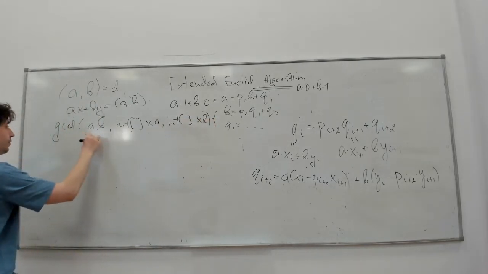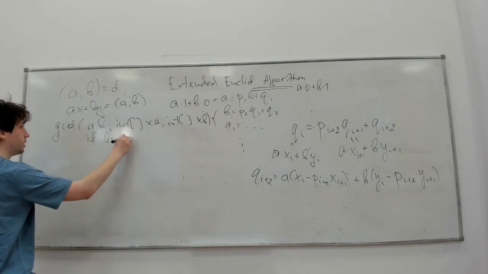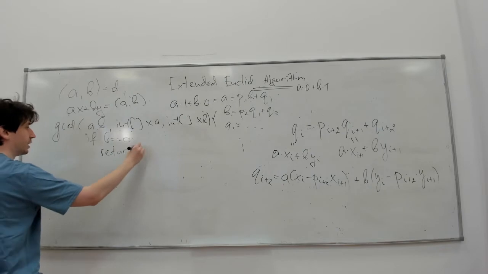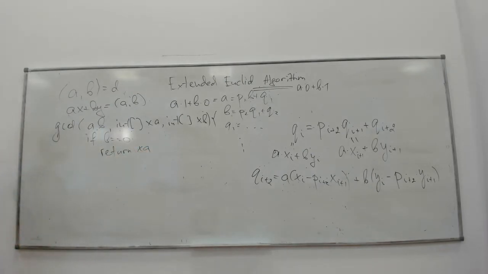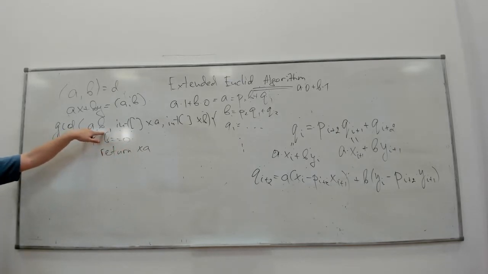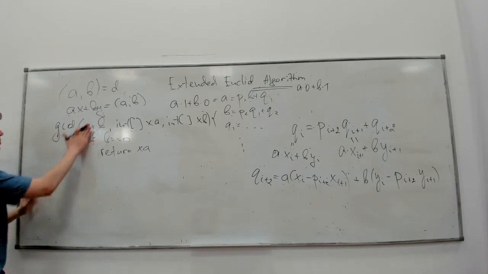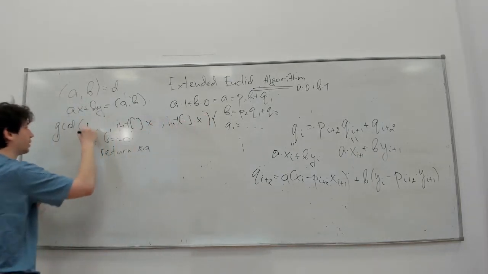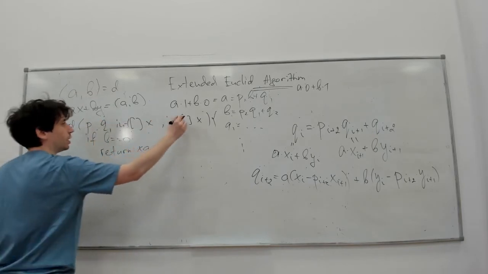If B is equal to 0, then I return exactly XA, because A is equal to the GCD, and we know how it is represented. XA and XB are the representations of A and B. Sorry, let's not confuse it. It's a little bit confusing here.